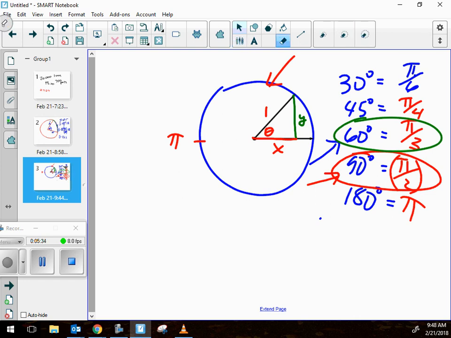This is going to keep coming back. Just like those are really important to memorize, you got to memorize this. Sine is opposite of hypotenuse, right? So what's opposite from this angle? That's the important angle. What's the opposite side?